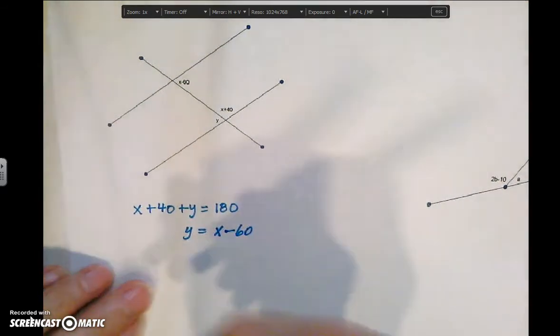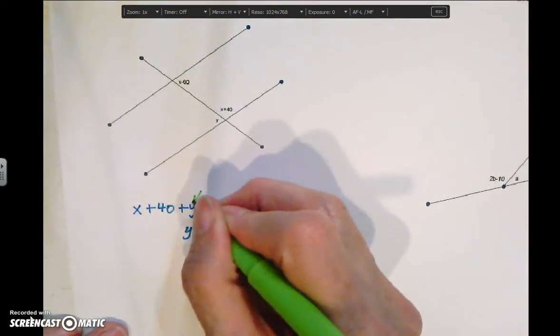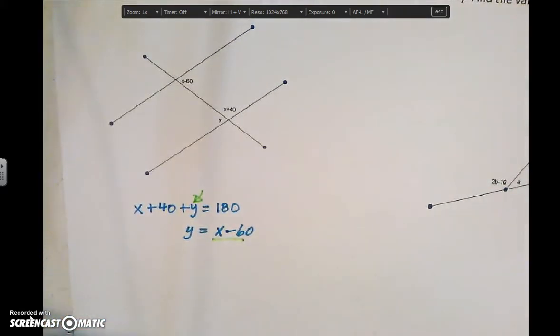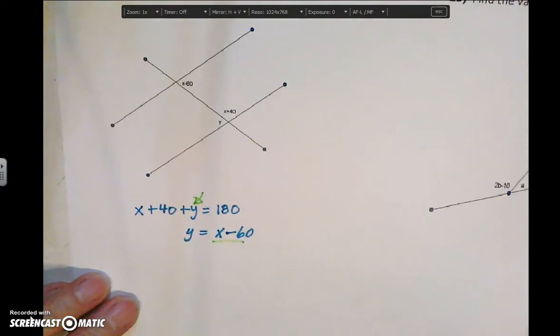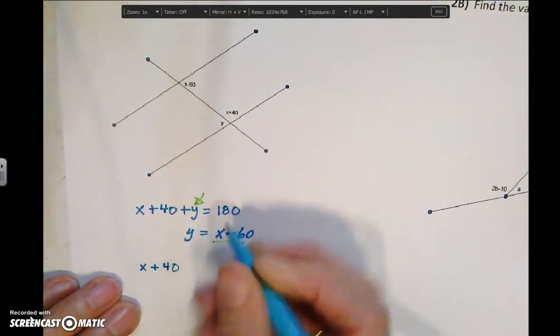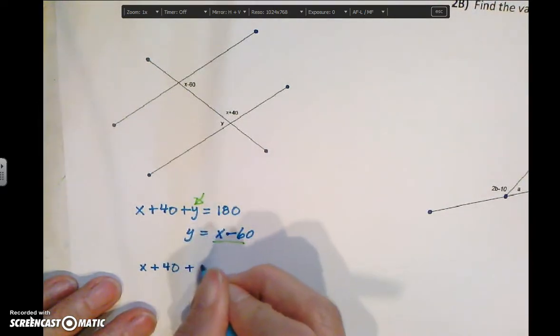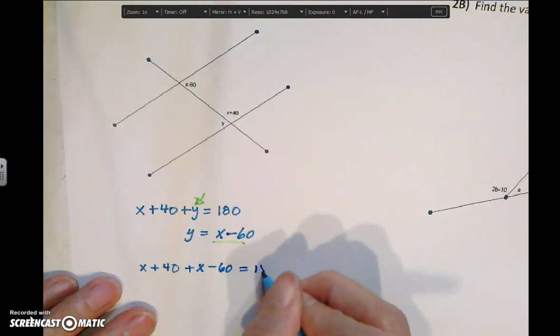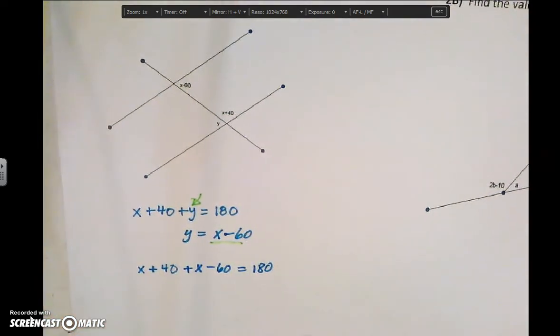So we'll replace our y right here with x minus 60. So that's going to give us then x plus 40, and in place of y, we're going to put plus x minus 60, is equal to 180.